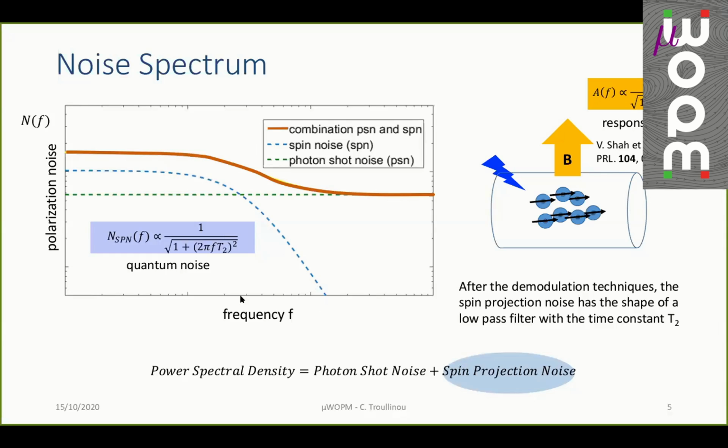with a time constant of T2, the decoherence time of the atom. A similar type of frequency dependence also is there in what we call the responsivity of our magnetometer, which shows how strong our magnetometer is throughout the frequency spectrum.